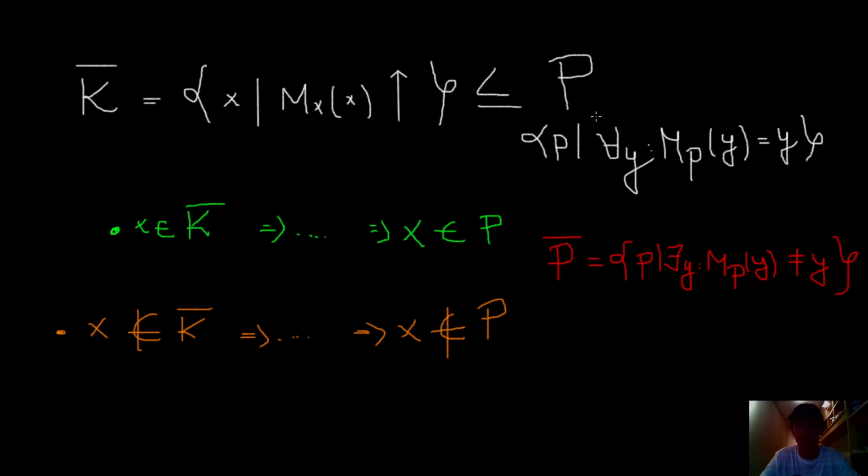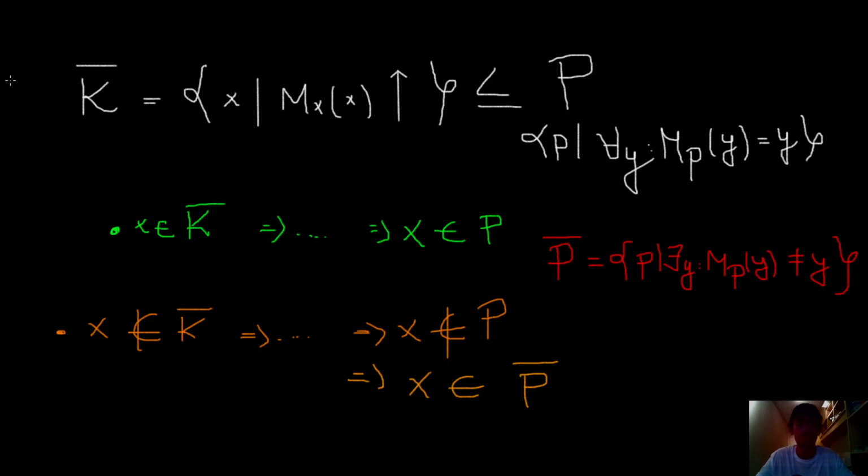So this is the complementary of P. If we have an element that doesn't belong to P, then this element belongs to the set complementary P, by definition of sets. So this is the whole idea that we need to demonstrate here.